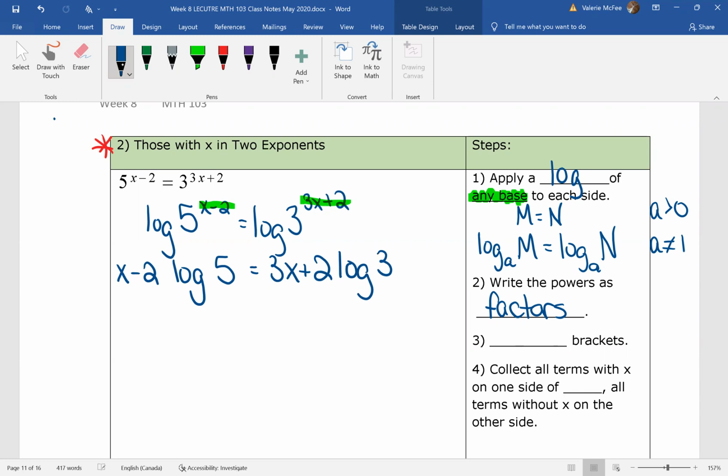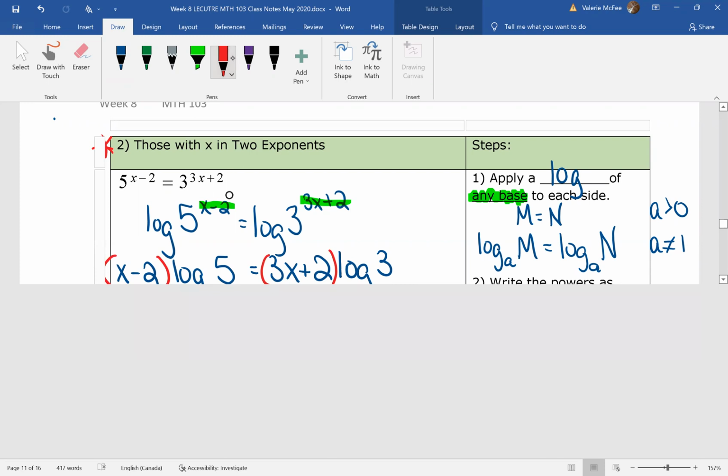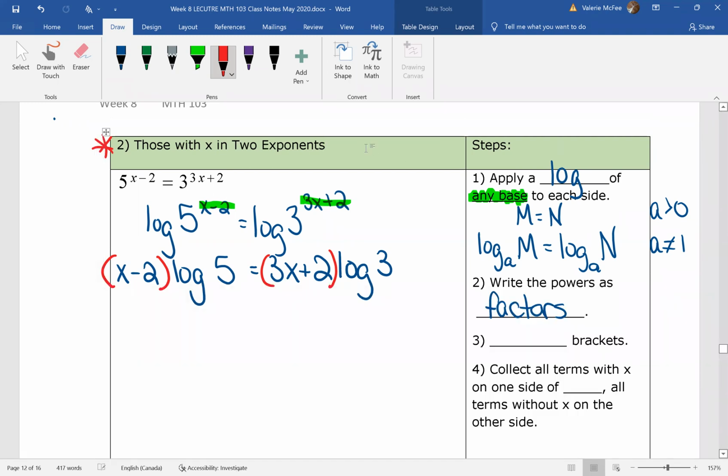Now, you should be noticing that these powers are binomials. That means we need brackets here because all of this is multiplying, not just the 2. So be careful, make sure you're using brackets there. And in fact, to remind you, step 3 says you need to open the brackets.